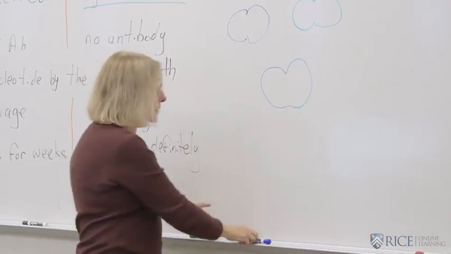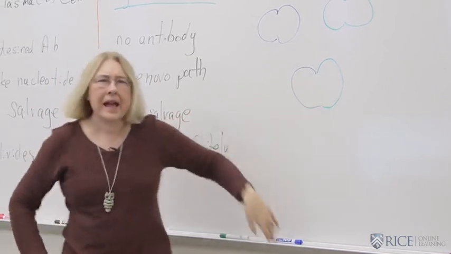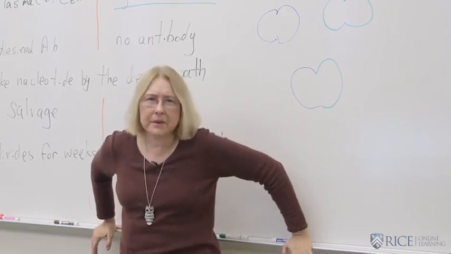And then, hopefully, I will have a cell that does what I want it to do. And it's kind of like having a party. Somebody's going to bring the beer, and somebody's going to bring the chips.